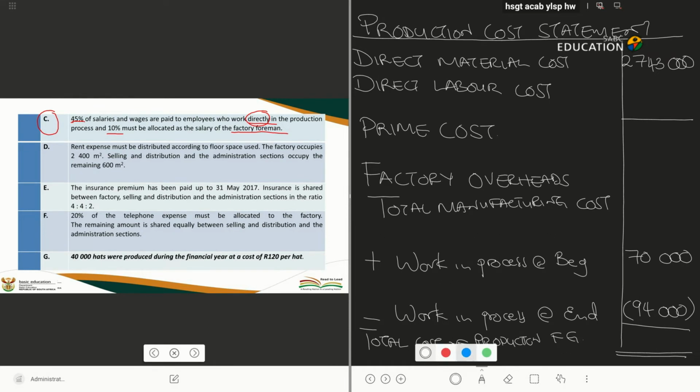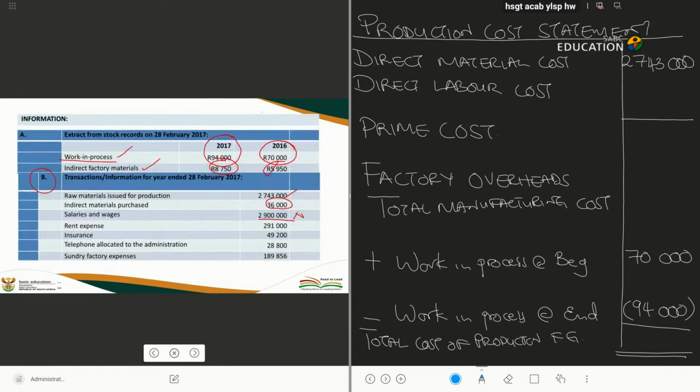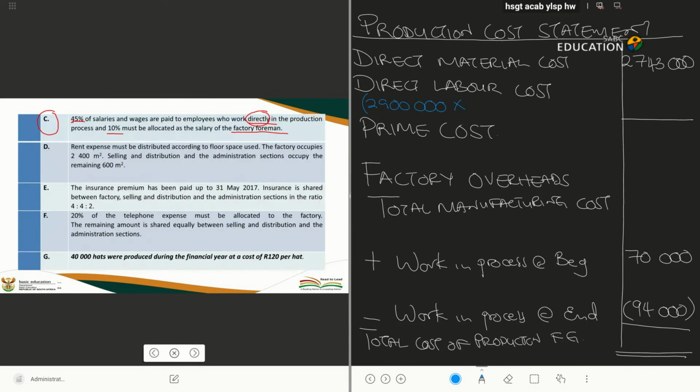How much was the total salaries? The total salaries was 2.9 million. So you open a bracket here now, 2.9 million multiplied. What percentage of this 2.9 is the direct?